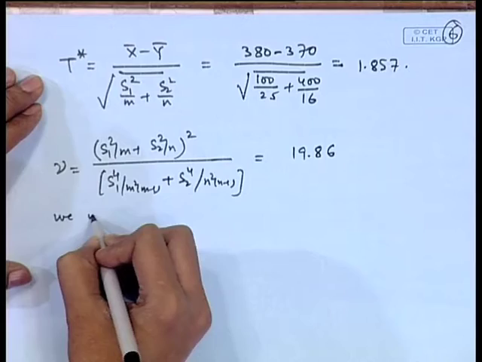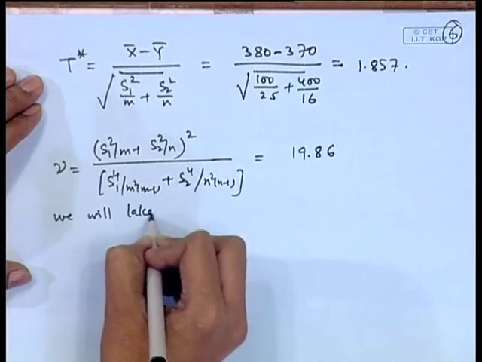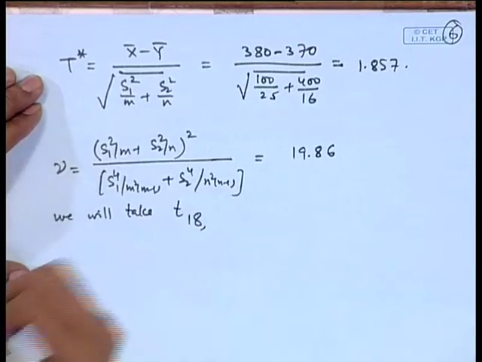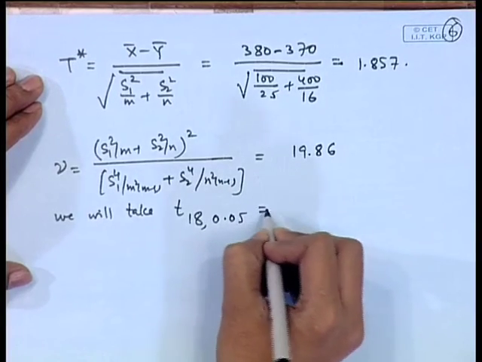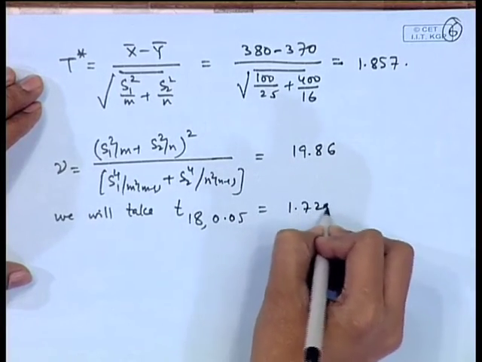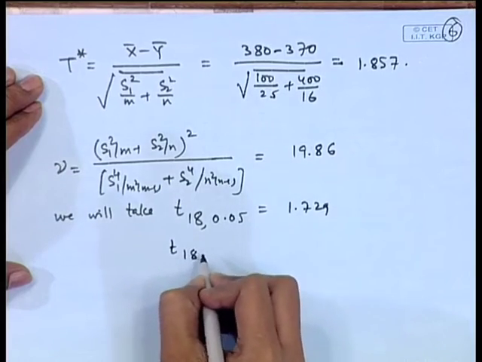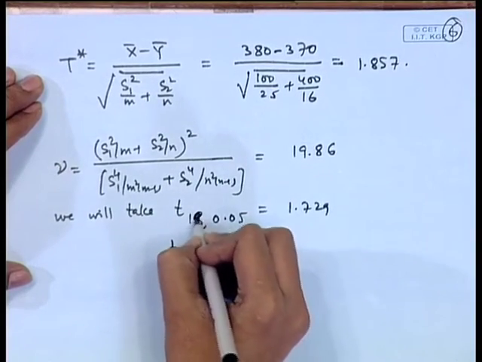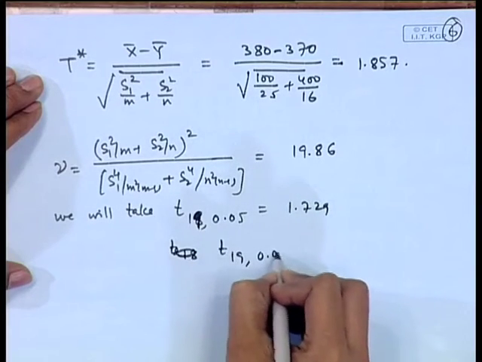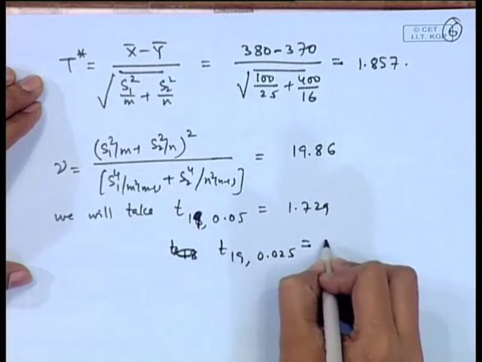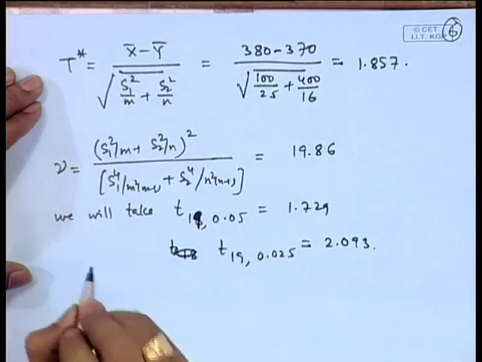So, we will take T 18. For example, at 0.05 level this value is 1.729. Suppose I consider T 19 at say 0.025, this is equal to 2.093, etcetera.